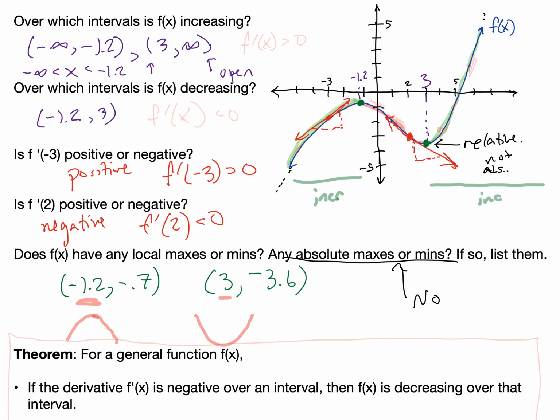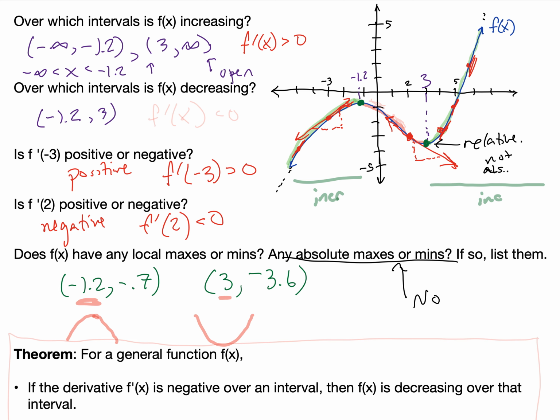What's happening to the derivative at each of those points? At any of those points, the slope of the tangent line is positive, so the derivative is greater than 0. Over all of these places where the function is increasing, f prime of x is greater than 0.